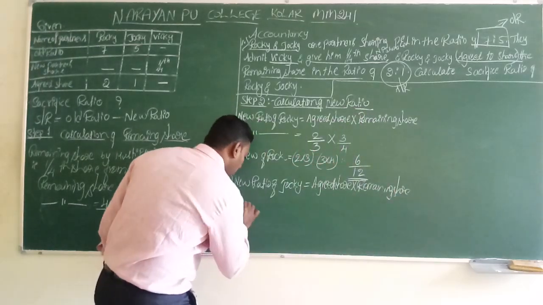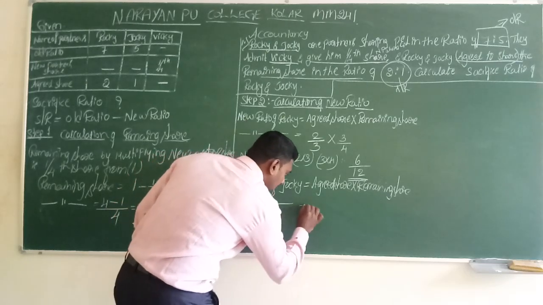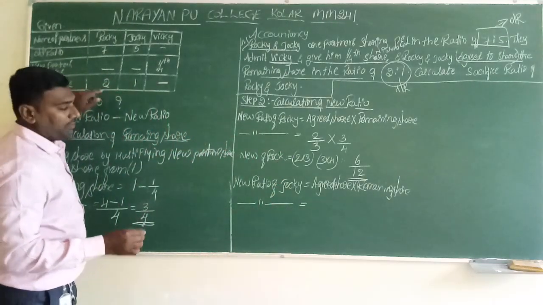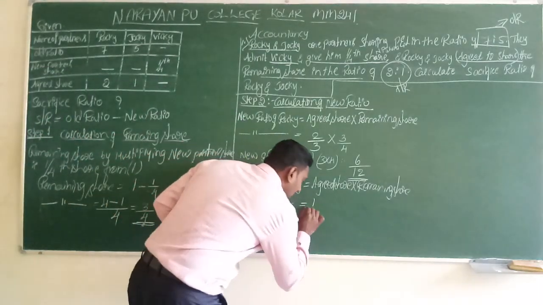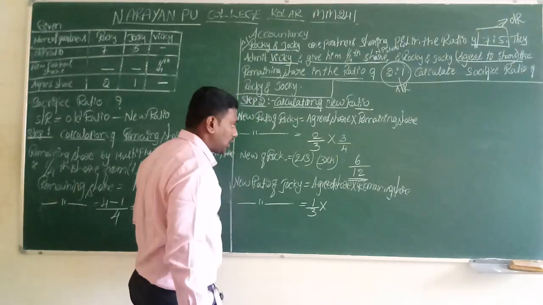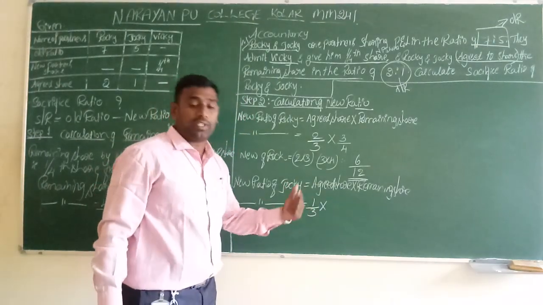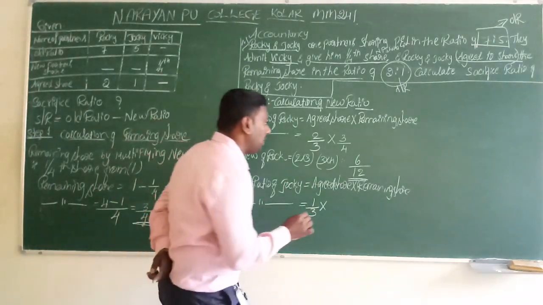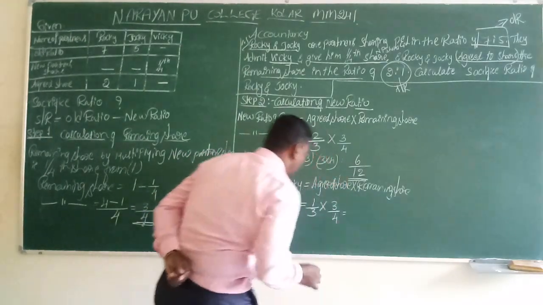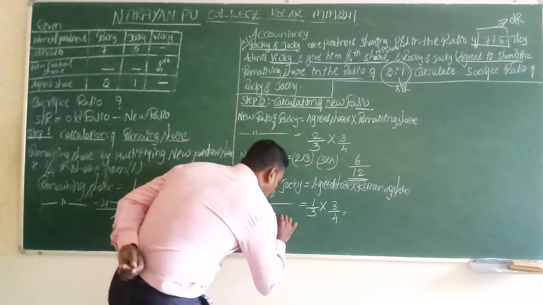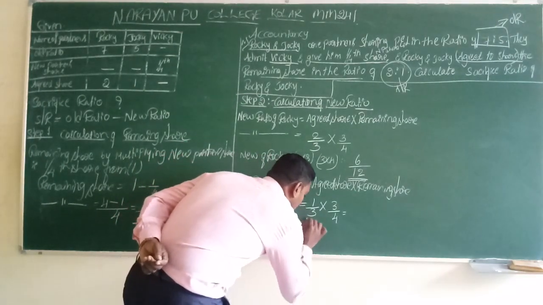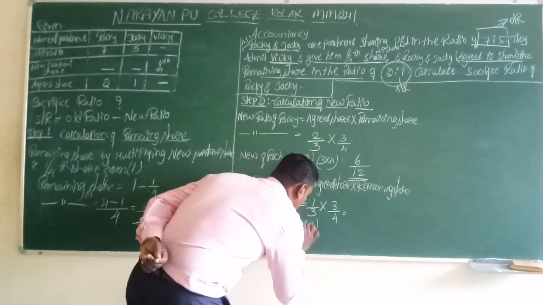Therefore, the new ratio of Jockey is equal to the agreed share, 1/3, 1 divided by 3 into, as it is the multiplication symbol, the remaining share calculated in step number 1, that is 3 divided by 4. Now we will make the multiplication. So 1 into 3 and 3 into 4 we have to get.